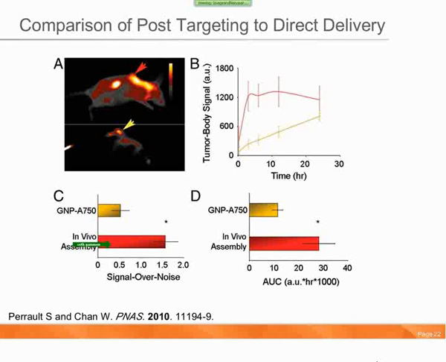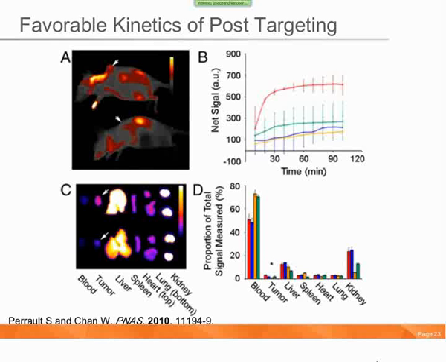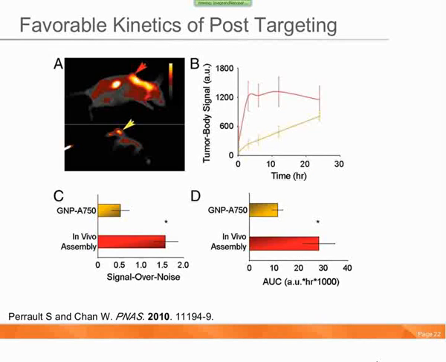The circulation time of nanoparticles can be overcome another way, at least for imaging agents. And that is to create nanoparticles that are, quote, smart or activatable. In this case, the nanoparticle has dyes quenched whenever in close proximity to each other, but whenever a protease comes by and cleaves a peptide bond, the dyes can diffuse away from each other and then become fluorescent.